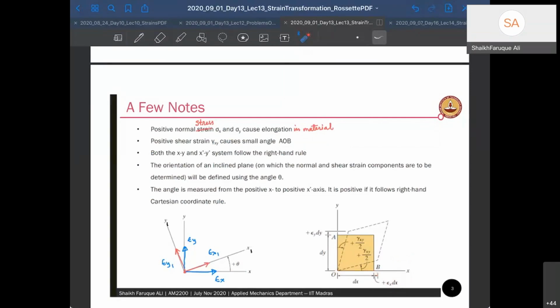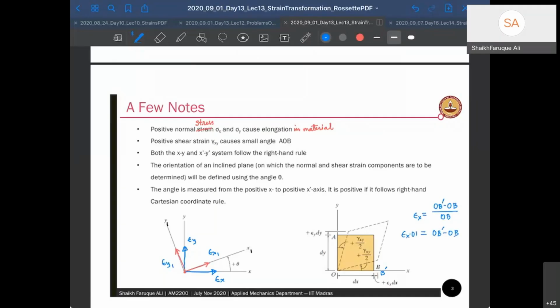Okay. Similarly, along y, it is OB. So epsilon x is change in length. So I will write OB dash minus OB, divided by OB. Let's say this is B dash. So OB dash minus OB equals epsilon x into OB.